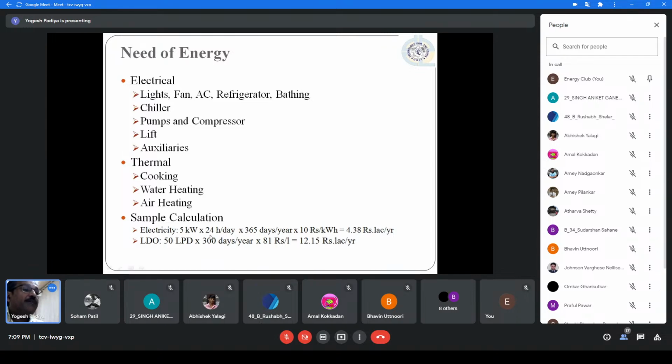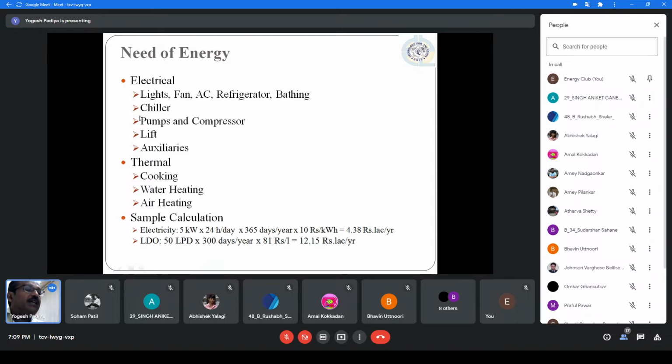At the same time, you may be able to save some amount of LDO, meaning light diesel oil. We know coal, petrol, and diesel, but these are not the only fuels available. There are various fuels largely used in industry, which we will discuss in my slides.